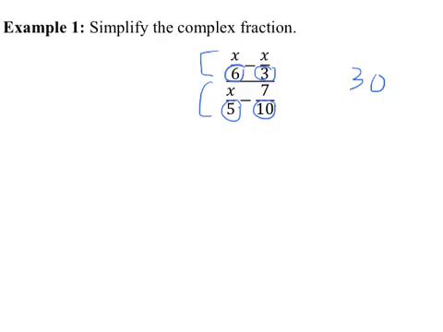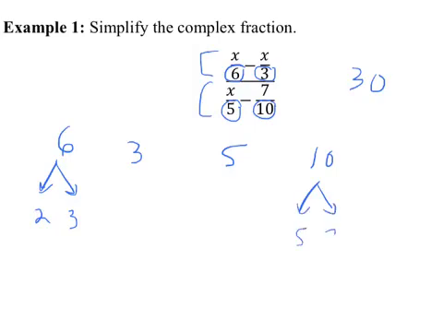So what do you do? Break up your denominators into their factors, just like we said yesterday. What does 6 factor into, Joe? 2 and 3. Julia, how about the 10? 2 and 5. Yeah. So take a look. I didn't ask for 3 and 5 because they are prime.